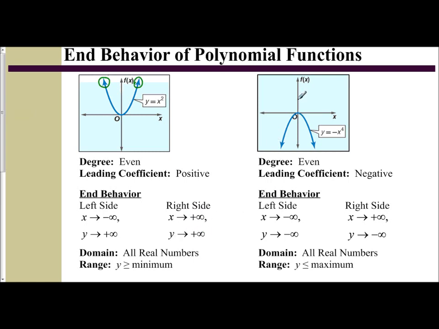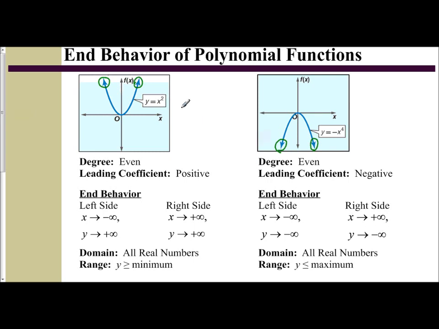If you look at the negative leading coefficient, the left side behavior, your x values are decreasing, x is approaching negative infinity. And as x decreases, the curve is pointing down, so do the y's. Y is approaching negative infinity. As x approaches positive infinity on the right side, the graph is pointing down, y is approaching negative infinity.